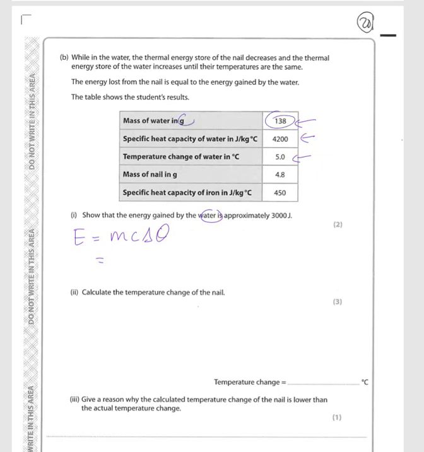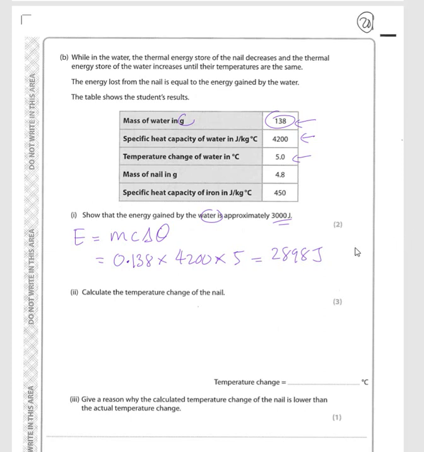Specific heat capacity is this much times the change in temperature, which is 5. If we plug this into our calculator, let's see how much we get. This is about 3,000. That's how we show it.